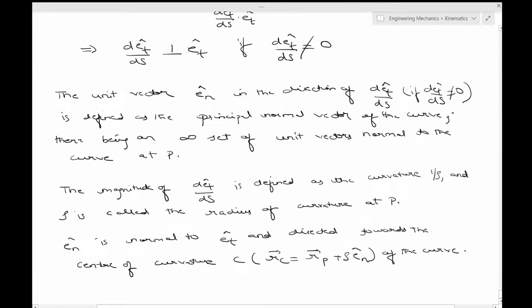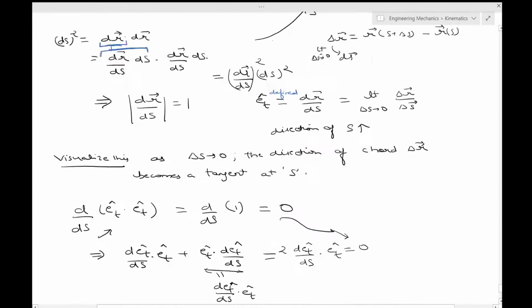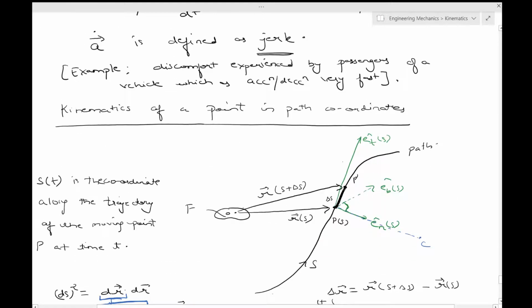There are many principal normal vectors, but only one of them will be called En for this case, the one which is directed towards C, which is the center of curvature.